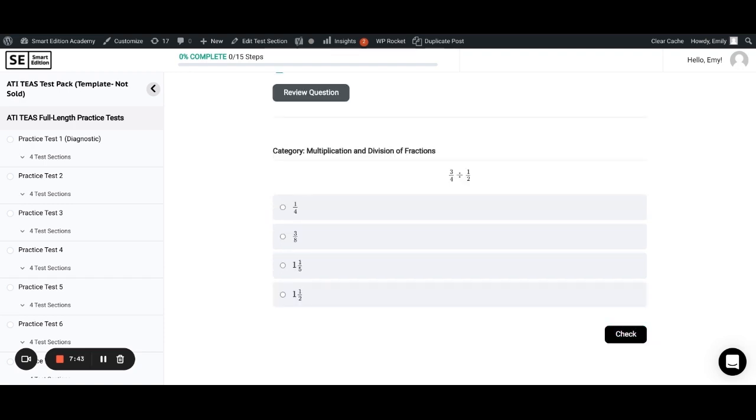Okay, multiplication and division of fractions. The question is saying 3 over 4 divided by 1 over 2. And the right answer is D, 1 1/2, or 1.5.